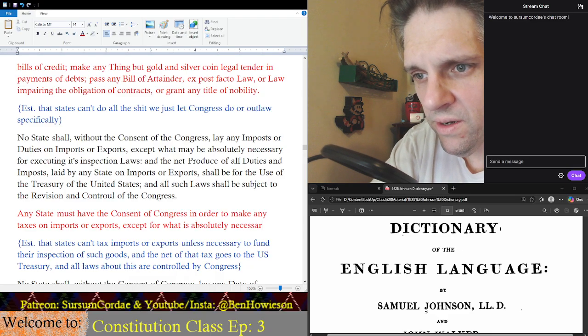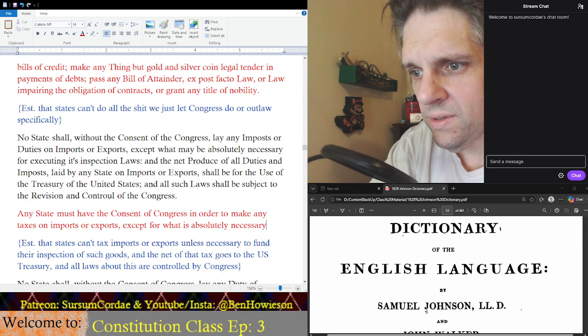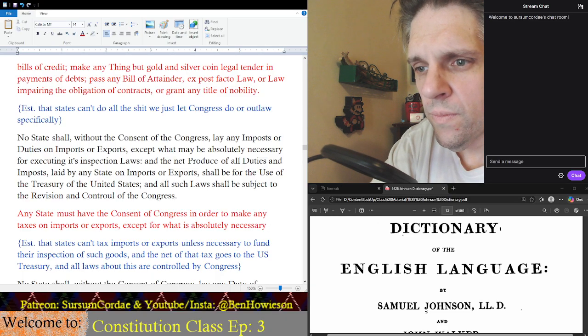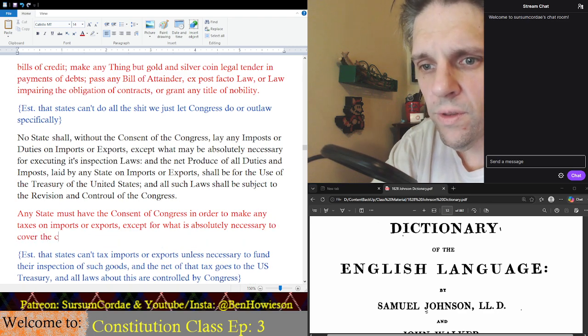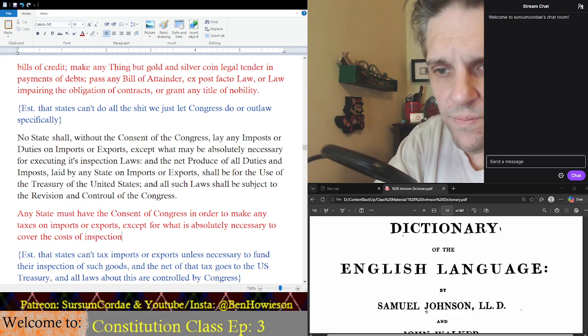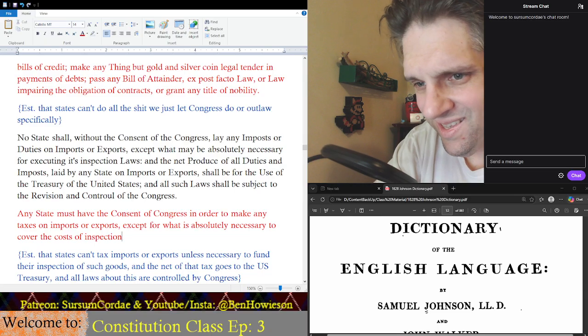Any state must have the consent of Congress in order to make any taxes on imports and exports except what is absolutely necessary to cover the costs of inspection. I think that sounds better.